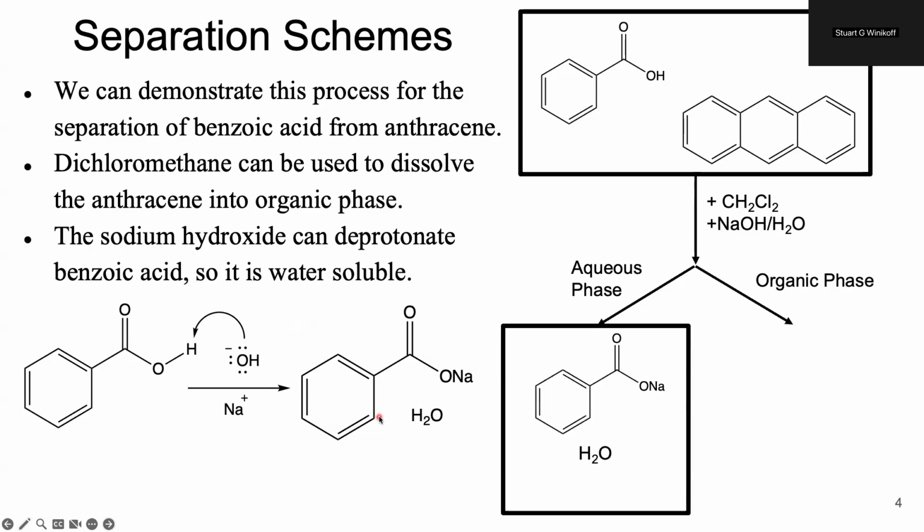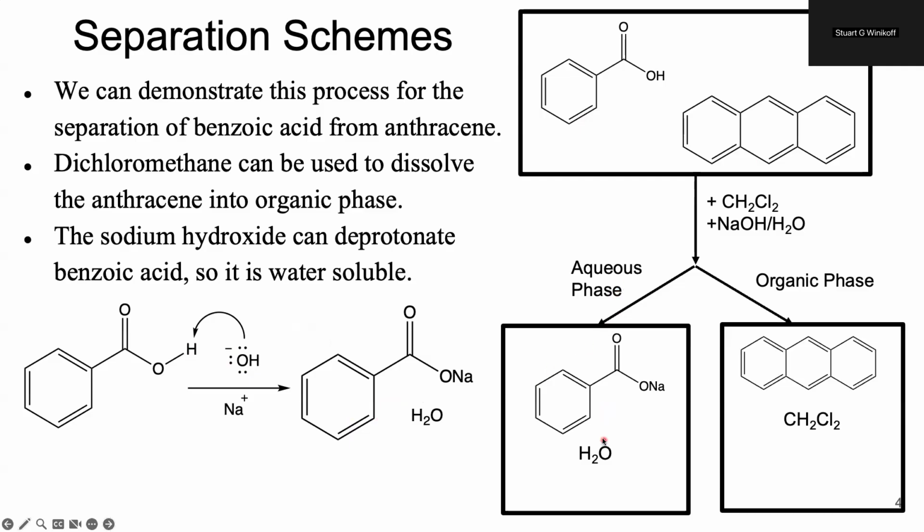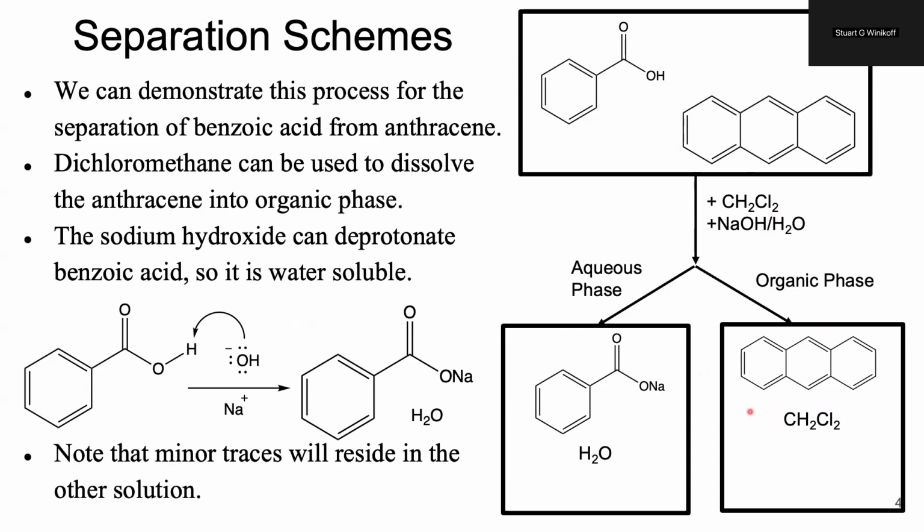So at this point, I should find my aqueous phase will contain that sodium benzoate and water, while my organic phase should contain that dichloromethane as my solvent and anthracene as my major component that I was able to pull out of this mixture. So I was able to separate these two various species. Now, one of the things you should pay attention to is making sure to note any minor traces of the other solution.